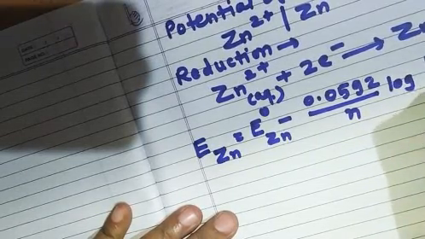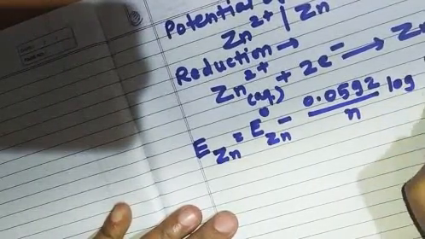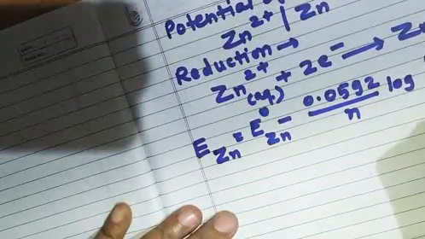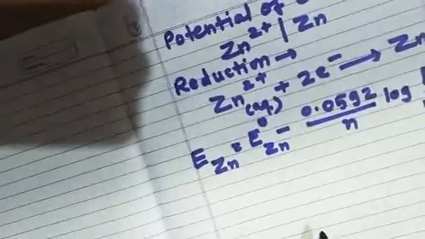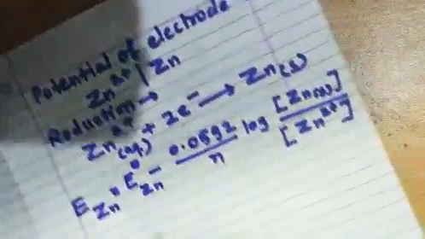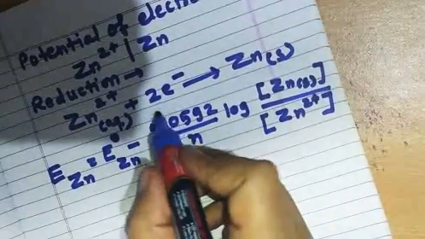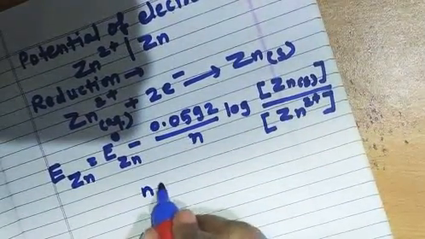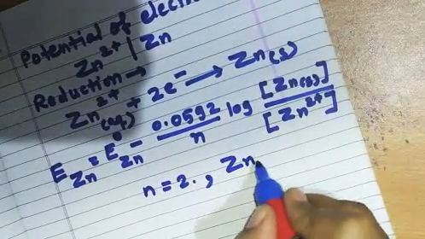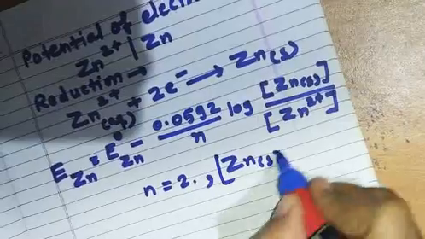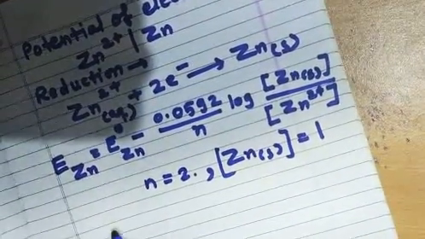Here the product is zinc in solid form divided by Zn2+ ions which are in aqueous form. Then the number of electrons n is equal to 2. Similarly, zinc is in solid form, therefore its concentration becomes unity, it becomes 1.